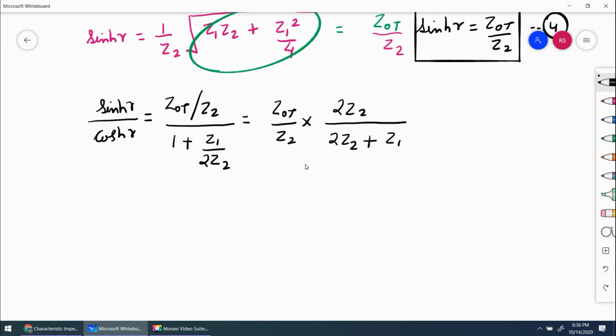So this Z2 and this Z2 will get cancelled, and what we get is tan of hyperbolic gamma is equal to ZOT whole divided by Z2 plus Z1 by 2.